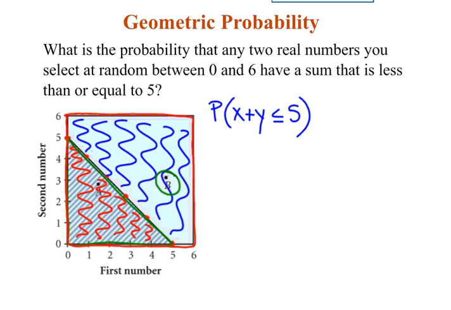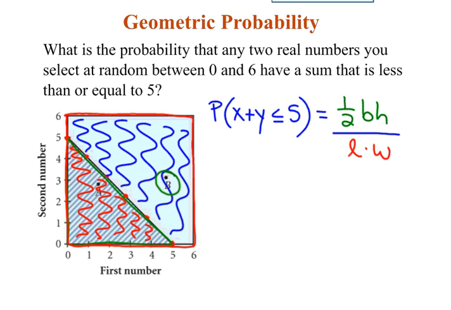So we're going to find the area of the triangle. Now you may remember from previous math classes that the area formula for a triangle is 1/2 base times height. And the area formula of our square is length times width.